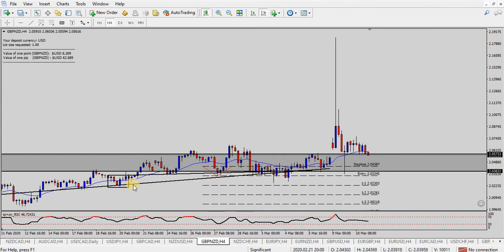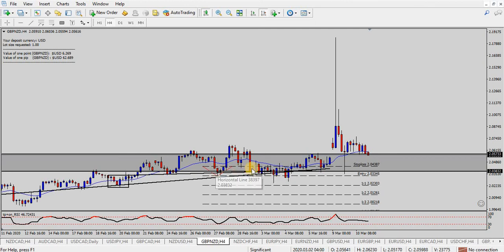So I refer to it as a significant wave. If you guys know the name of that formation, you can leave it in the description below. But for now, I'm just going to continue to refer to it as the significant wave.